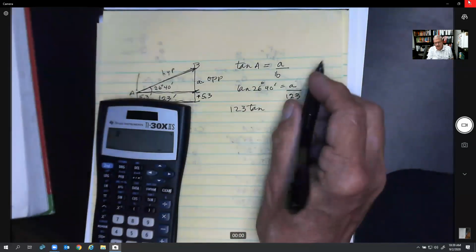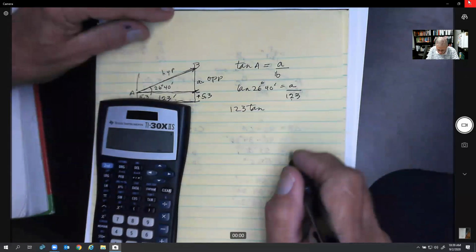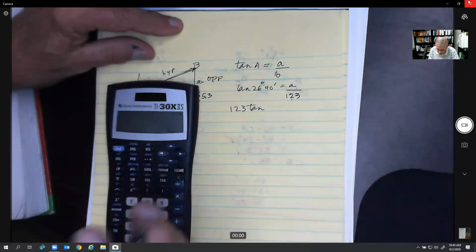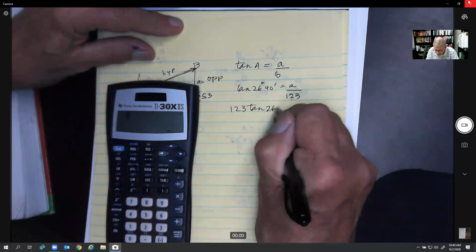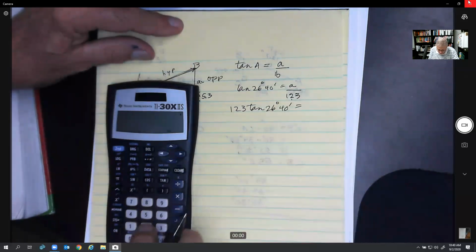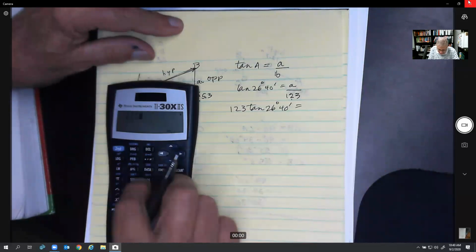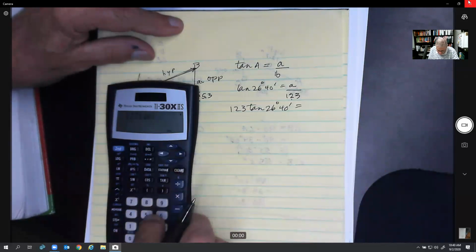Now, sometimes the number might be up here and the A is down here. Well, let's get into that in a minute. Let's finish this one. 123 tangent 26 degrees 40 minutes. What does that equal? 123 tan 26 degrees.